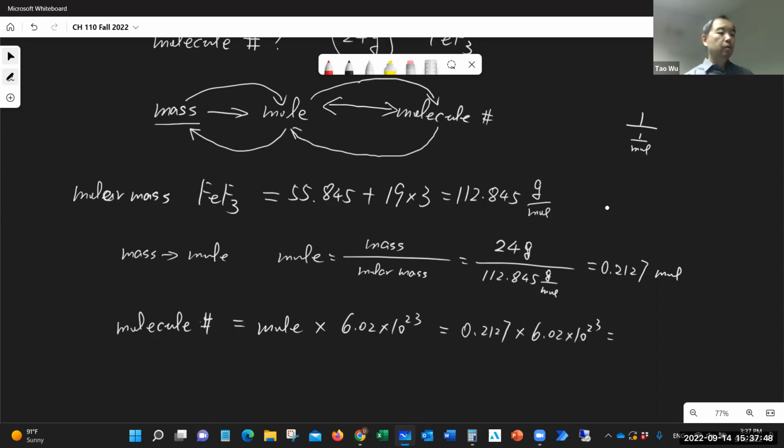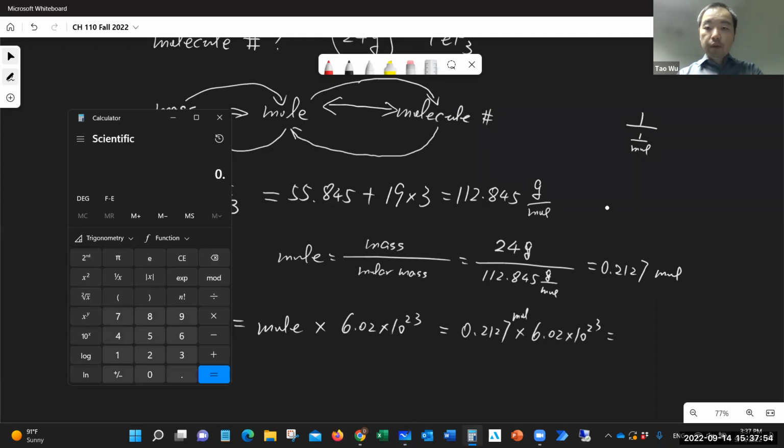This is in moles, so calculate 0.2127 times 6.02 times 10 to the 23rd. That's going to be the answer.